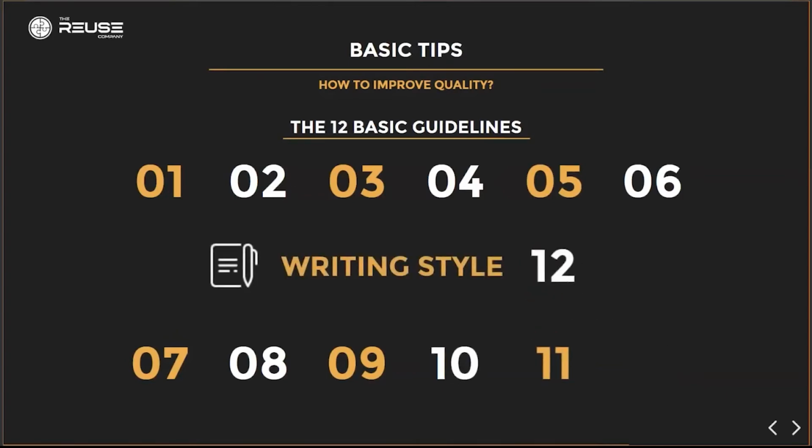And for the 12th one, the writing style. This is something that relates a lot with what I've been explaining, in that you always have to be prepared to adjust these guidelines to your own context, to the project context, the conditions, to the way that your company is writing, the way that the client wants you to be writing, and of course, the standards that you follow, okay?